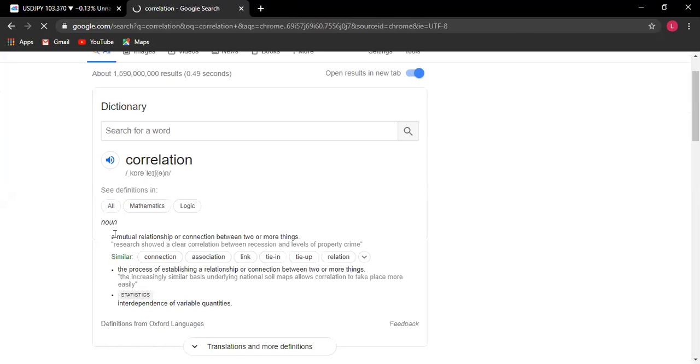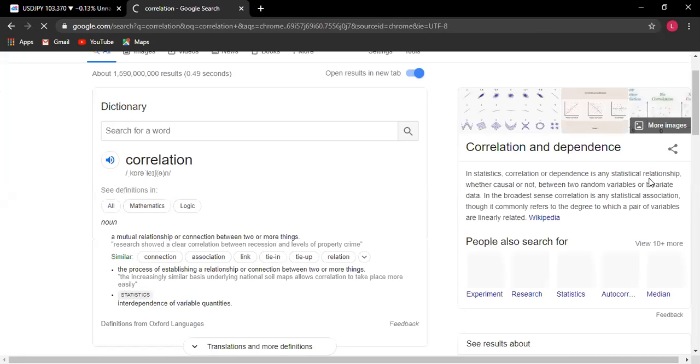In statistics, correlation or dependence is any statistical relationship, whether causal or not, between two random variables or bivariate data. In the broadest sense, correlation is any statistical association, though it commonly refers to the degree to which a pair of variables are linearly related. Exactly. Nothing could be so accurate as this. You understand? So that is what they mean by correlation.